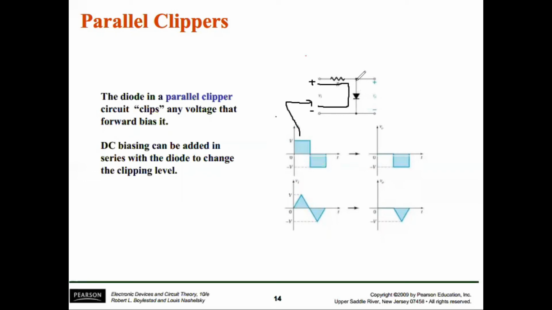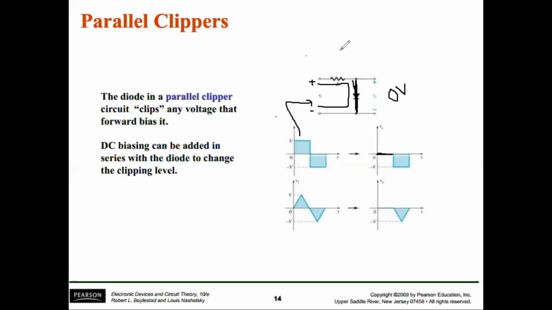So this will behave as a short circuit. You know the voltage drop across any short circuit is 0 volts. So for the positive cycle the output will be a 0 waveform.